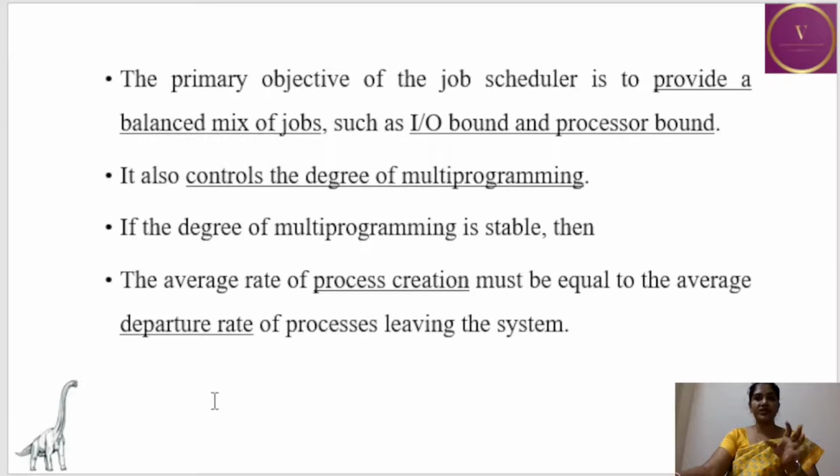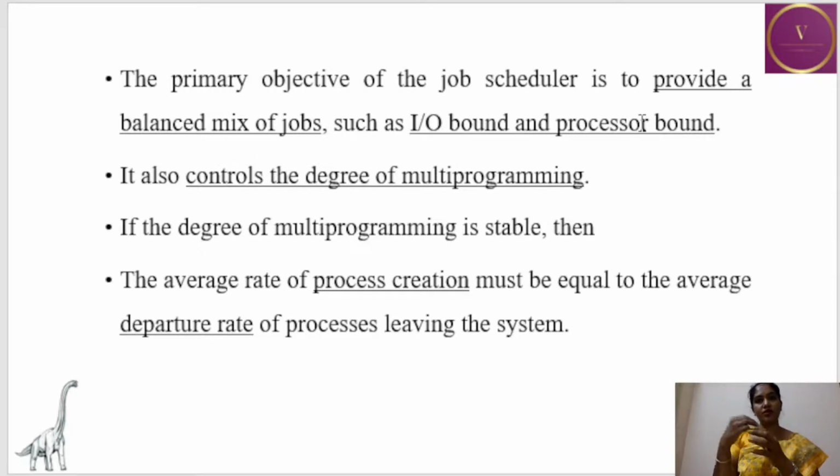The primary objective, why do we use this long-term scheduler, is to provide a balanced mix of jobs such as IO bound and processor bound. So what is IO bound and processor bound? IO bound means it always gives importance to IO operation and not to the processor. That is minimum use of the processor and more use of IO operation.